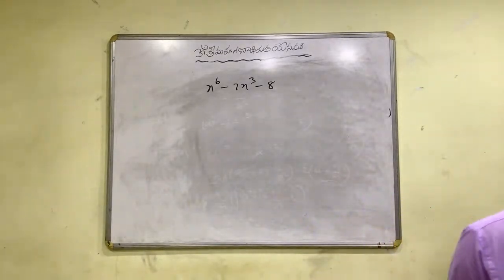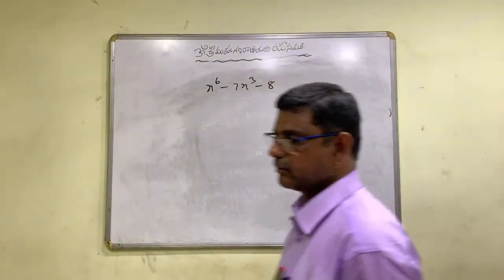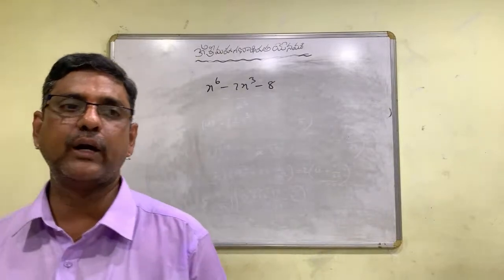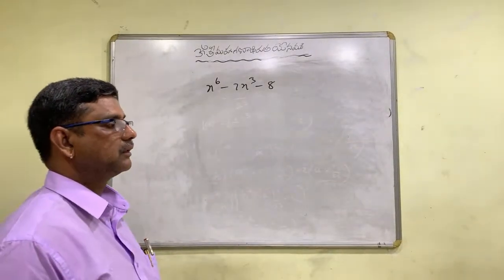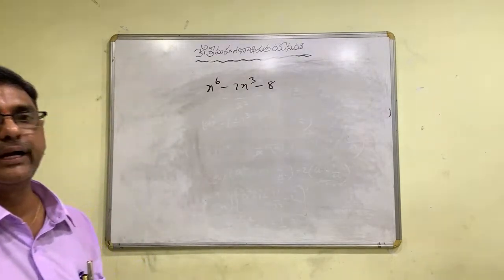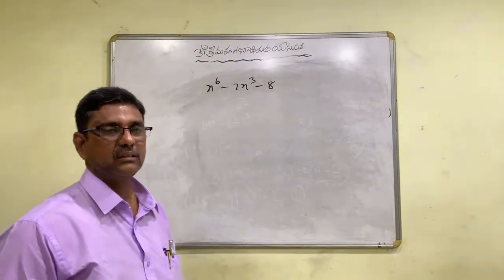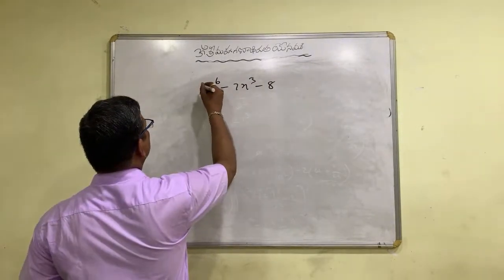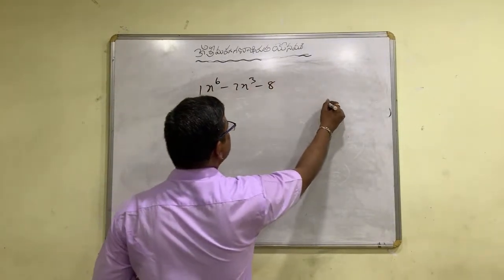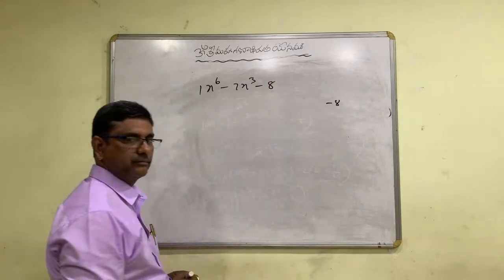How to do this? There is no need to worry about this. Just split the middle term. 1 into negative 8.